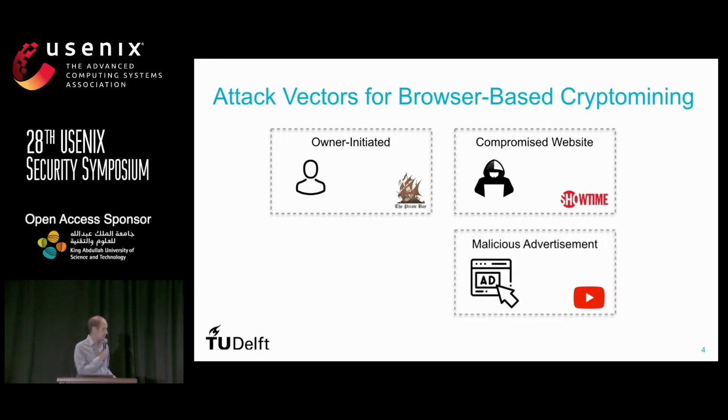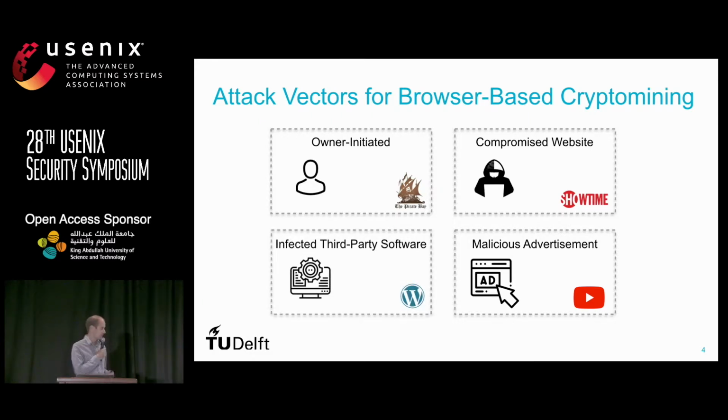We've also seen attackers deploying cryptojacking scripts through malicious advertisements spread by advertisement networks. So these advertisements include also a cryptojacking script and are being served over a large number of websites, which was, for example, the case at YouTube, which showed these advertisements with a crypto mining script attached to its viewers. And last but not least, we have seen attackers abusing vulnerabilities within the third-party software ecosystem.